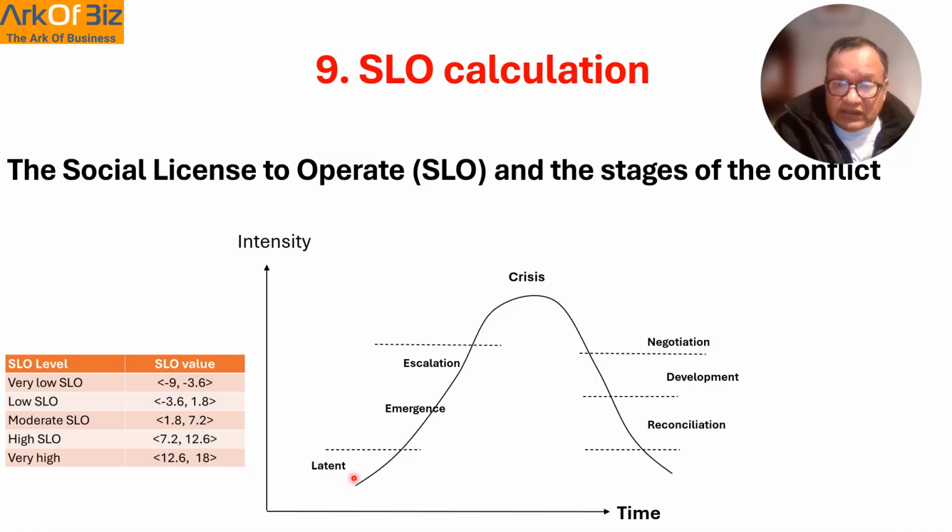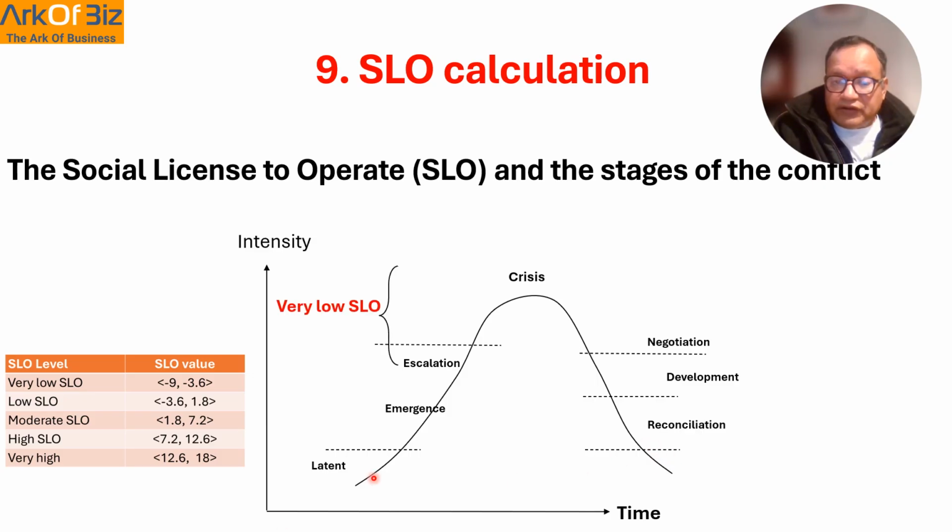But here, they start with low social license to operate and go to the very low SLO. After that, when they negotiate and reach agreements, we can say that the SLO is moderate, and then if they implement developments, the SLO goes to the high level, but when they go to the reconciliation stage, the SLO is very, very high.